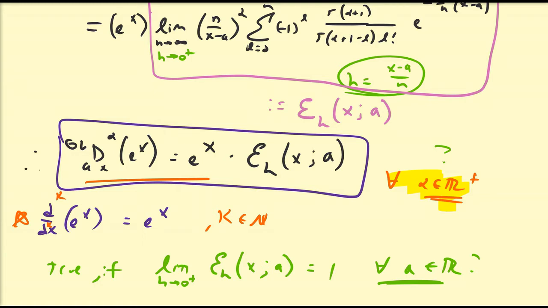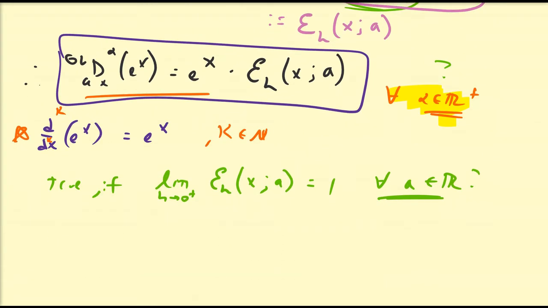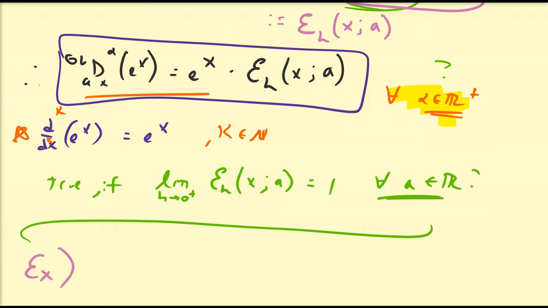So let us investigate this expression. As an experiment, I'm going to choose a particular order alpha. For example, let's consider the Grunwald-Letnikov derivative of order 3 with base point a of e to the x.